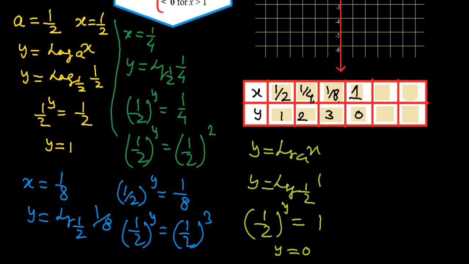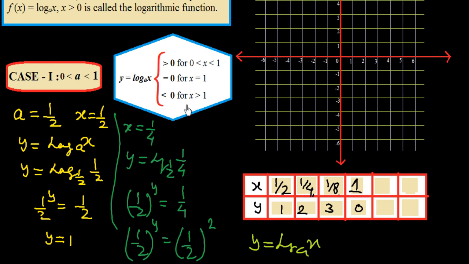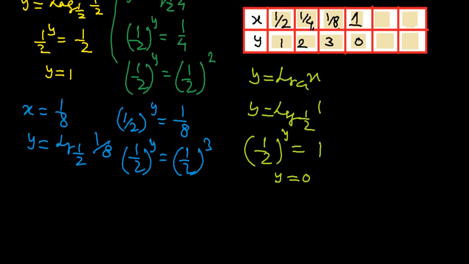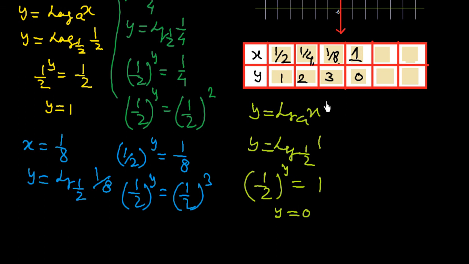Now we see other conditions. If x is greater than 1, then log x base a is smaller than 0. So we take x is equal to 2 here. So y is equal to log 2 base 1 by 2.